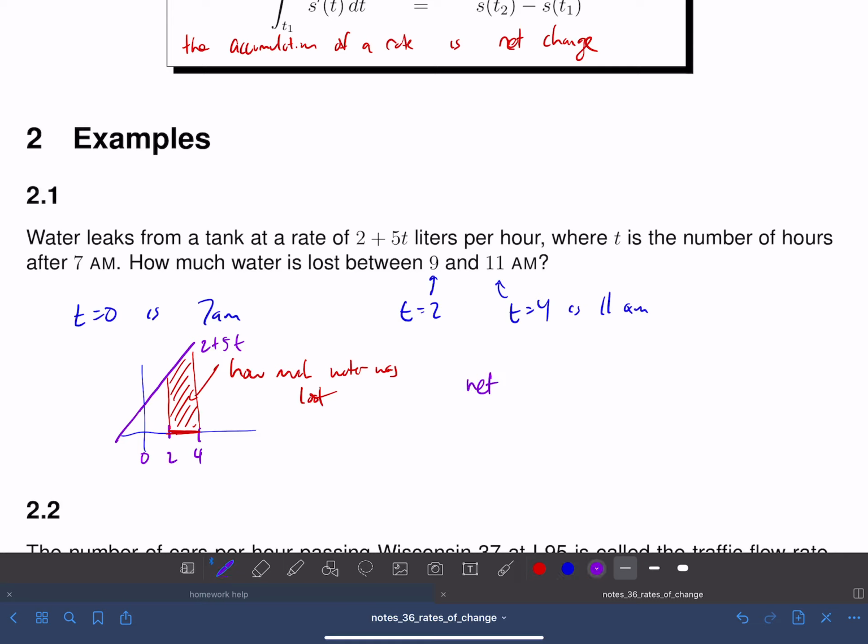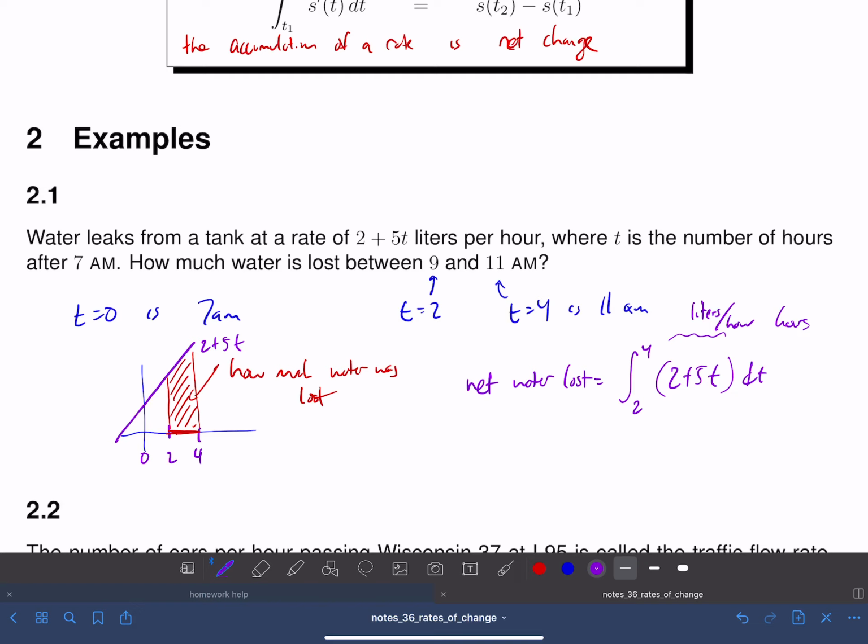So, net water lost is equal to the integral from 2 to 4 of 2 plus 5t dt. Again, I have liters per hour times hours. Infinitesimal hours, but hours nonetheless.